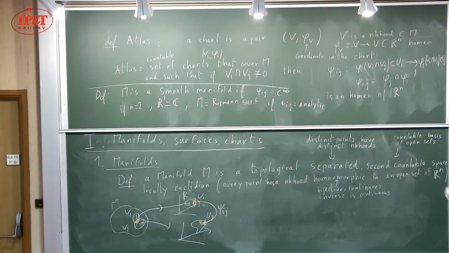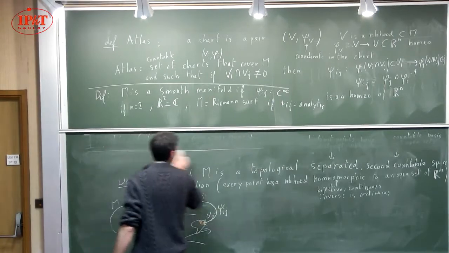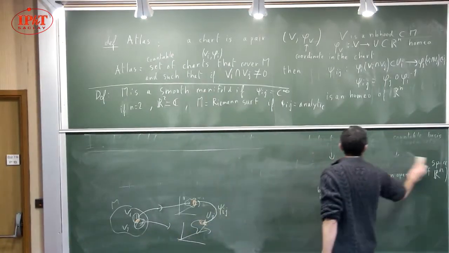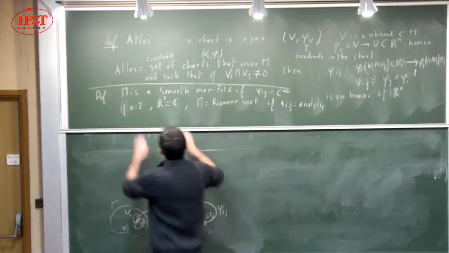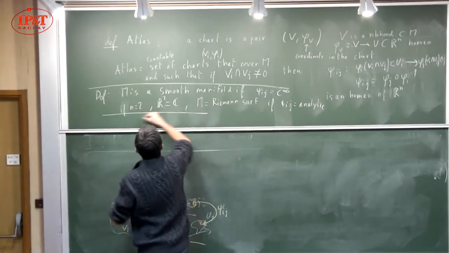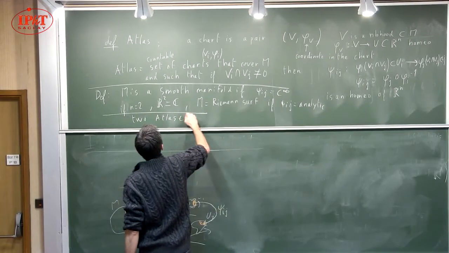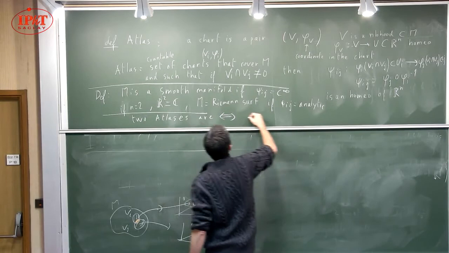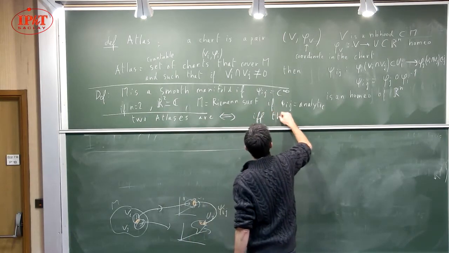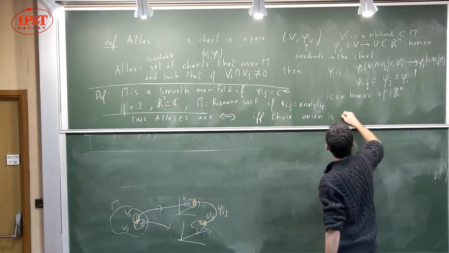So this is just the abstract definition of a manifold or a surface. Sorry, I just need to say something more. Two atlases are equivalent if their union is an atlas.